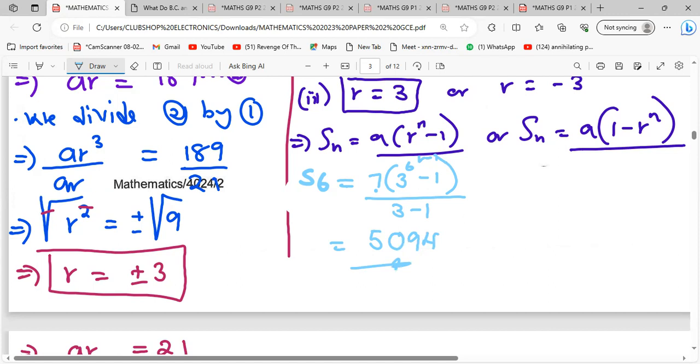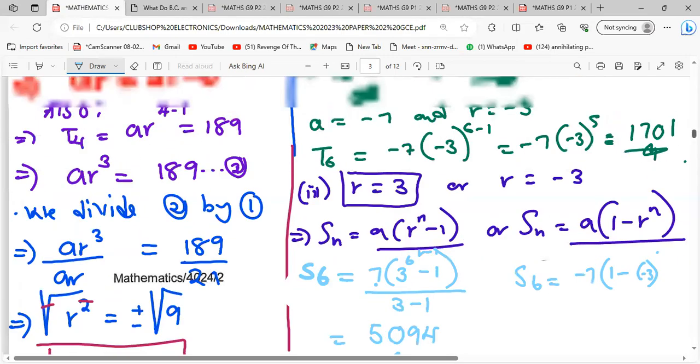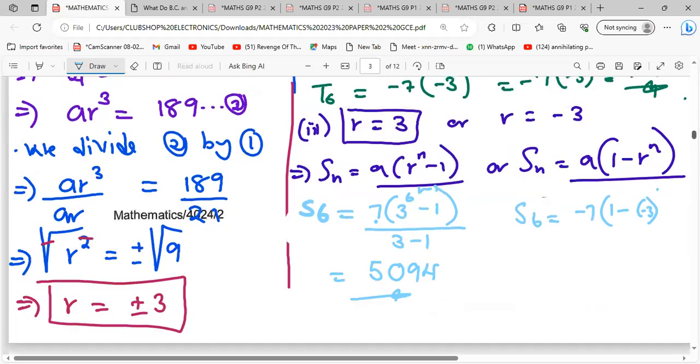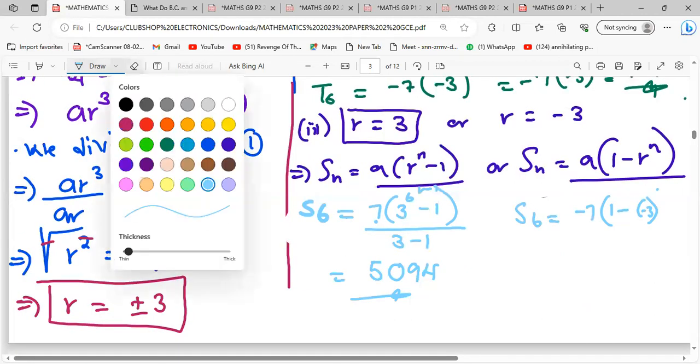All right. So for this one, you can easily say S6 is equal to, the first term will be -7, 1 minus -3 to the power, okay, let's check. Oh, take note, we are dealing with power 5, not 6.